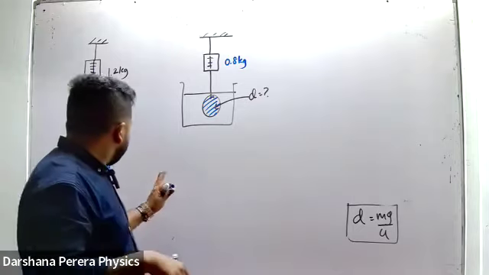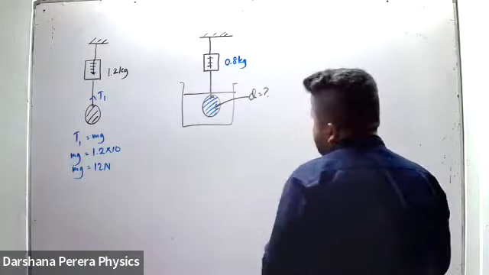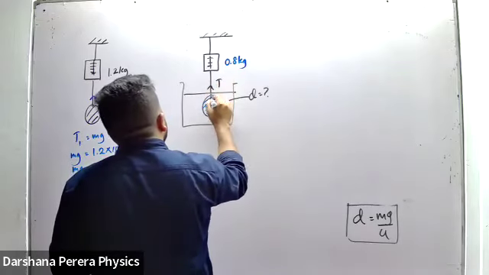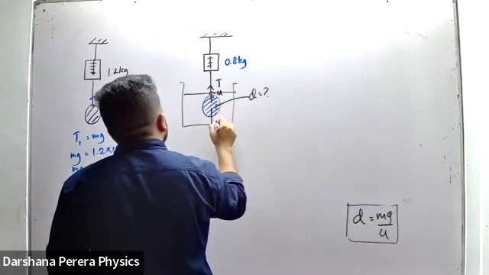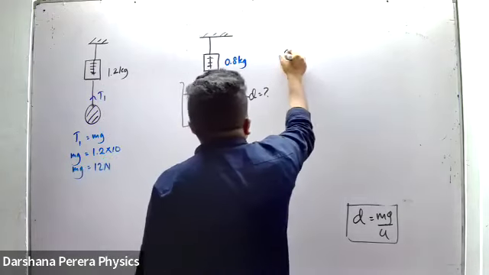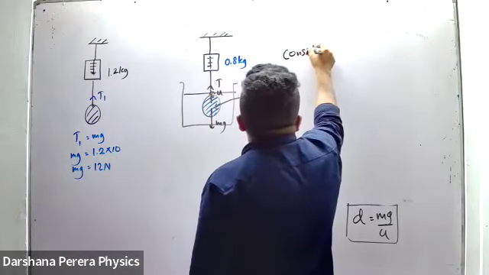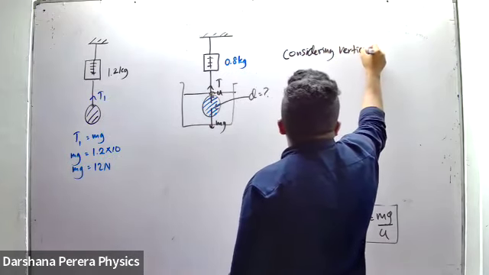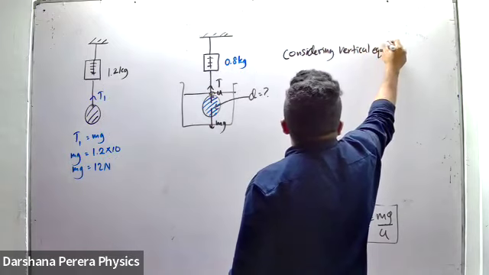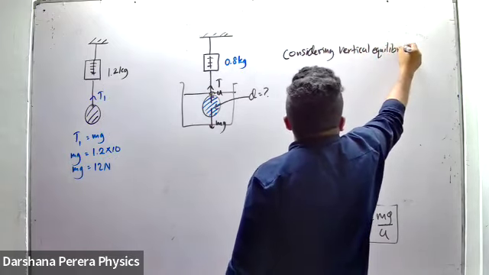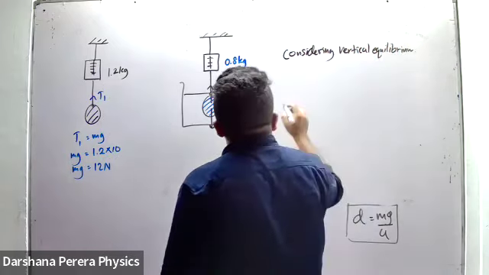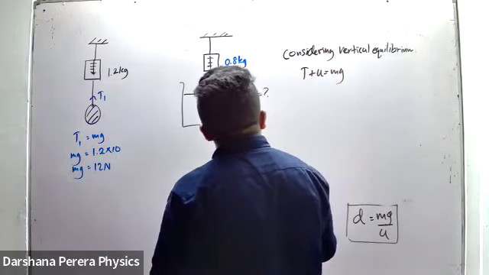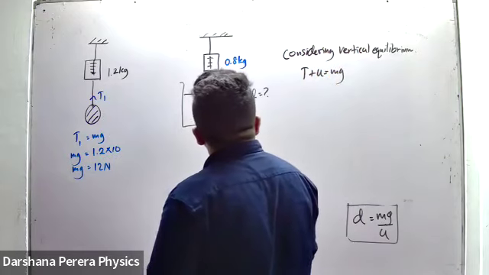In this case, considering vertical equilibrium, T plus U equals mg.